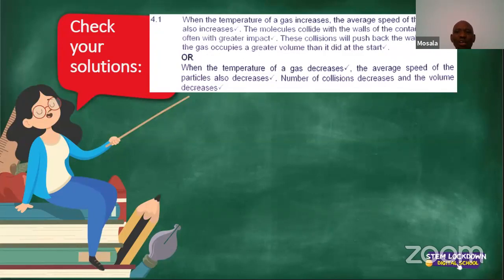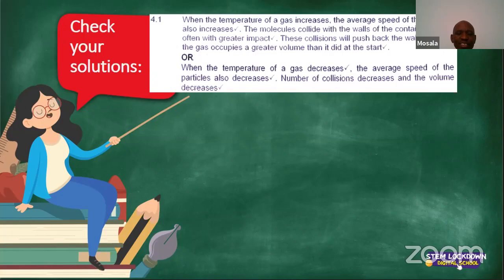This collision will push back the walls of the container so that the gas can occupy a greater volume. So if you increase the temperature, you are increasing the average speed of particles. As a result, molecules will move faster and collide with the walls of the container, and in the process they will push the walls back and occupy more volume than in the beginning.